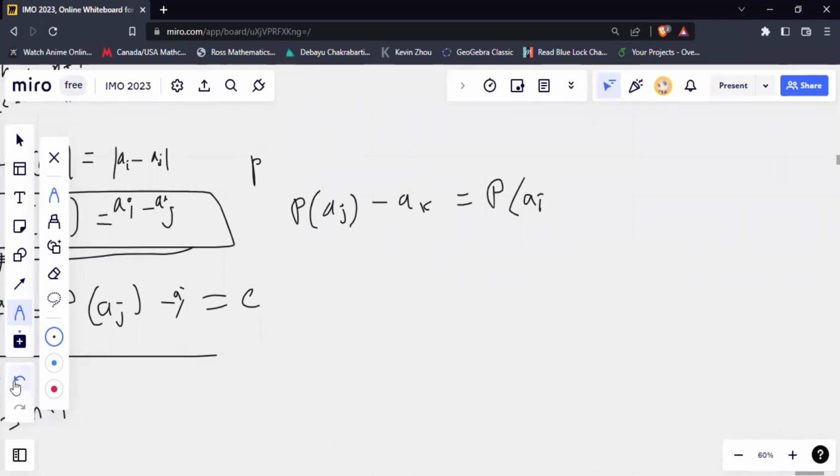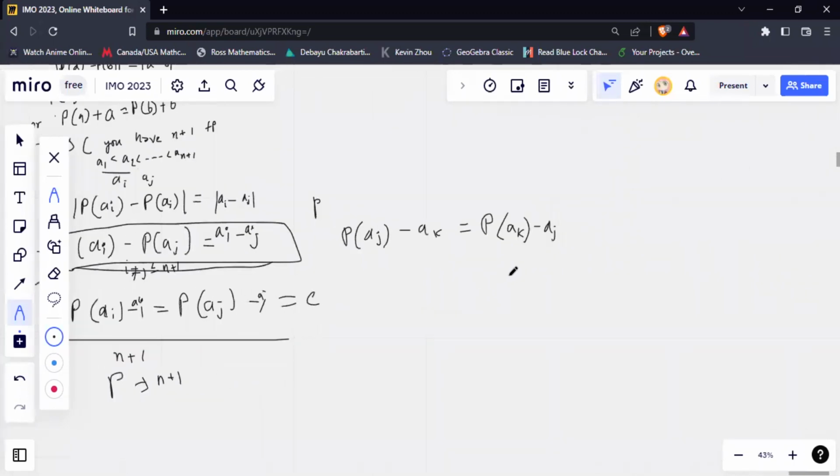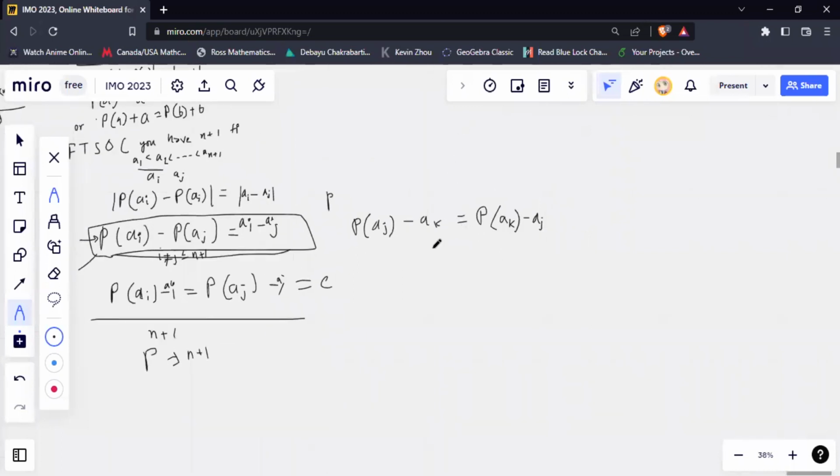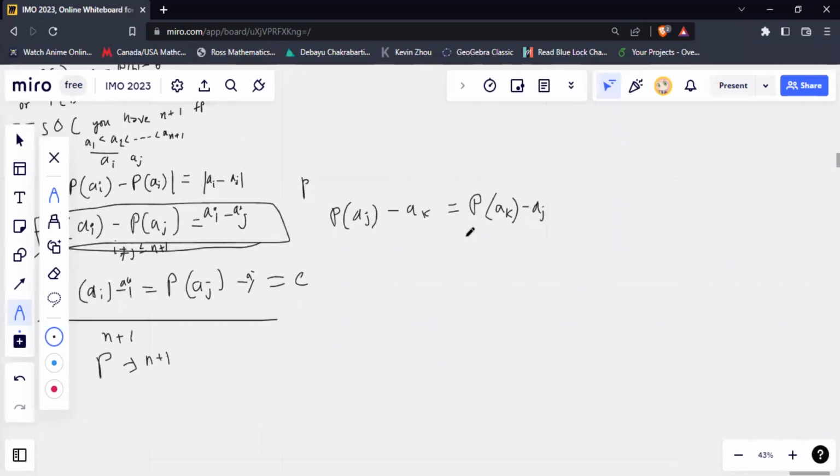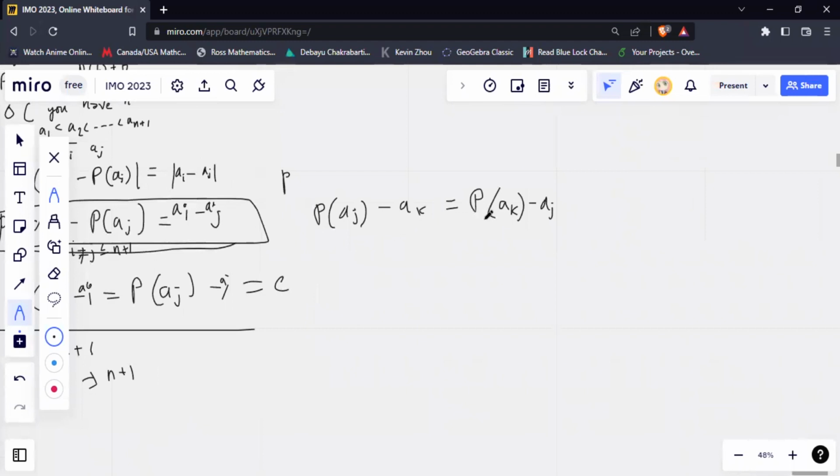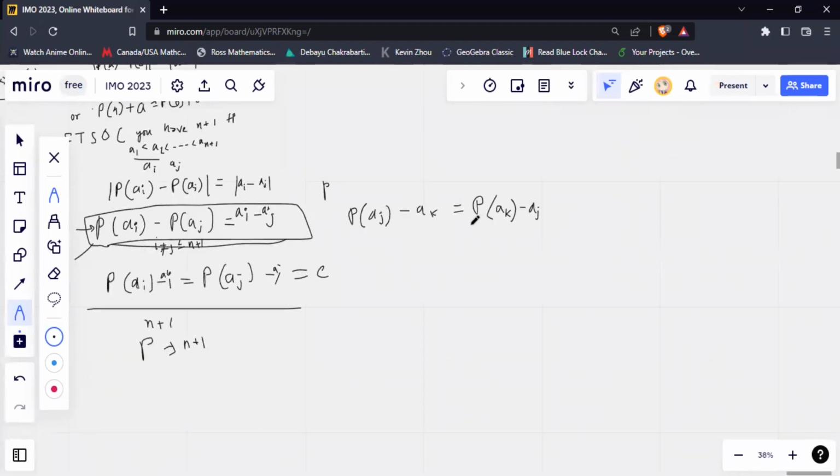Basically you do some addition or subtraction, I'm lazy to find it, and you find a relation between I and K. So basically replace this PAJ by PAI minus AI plus AJ, I guess. Yeah, this eventually gives a contradiction. Yeah, makes sense.